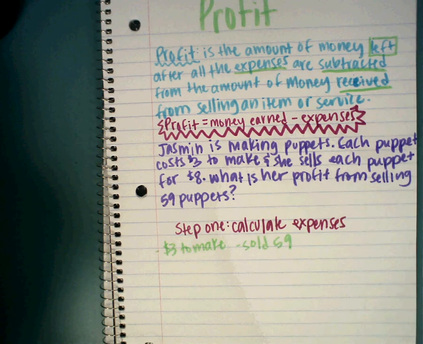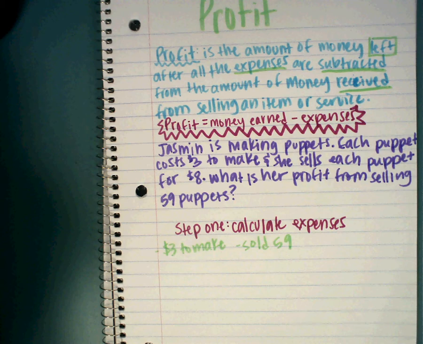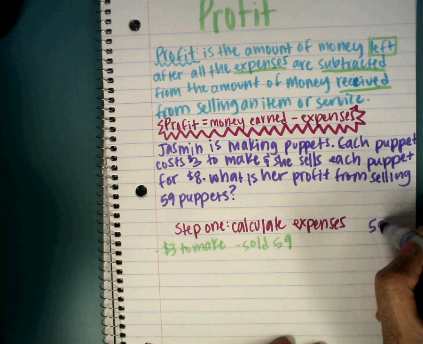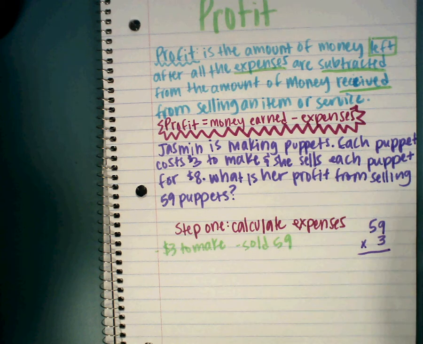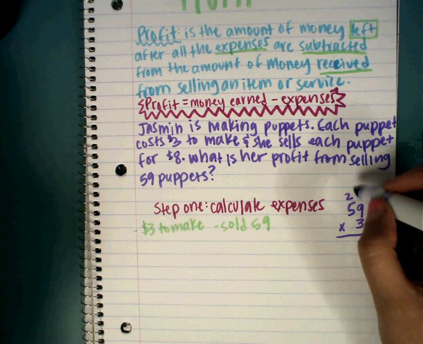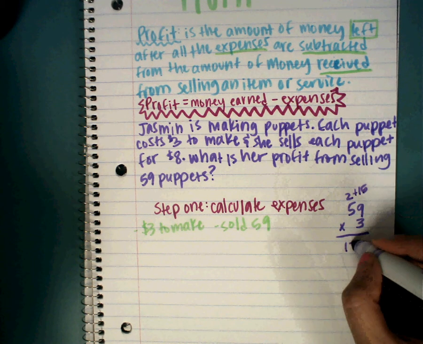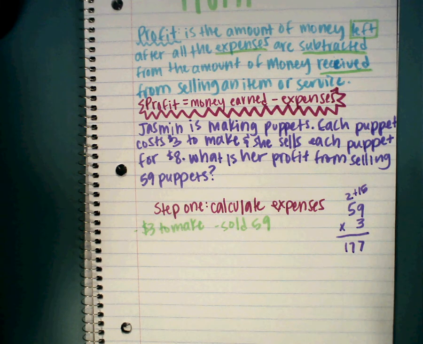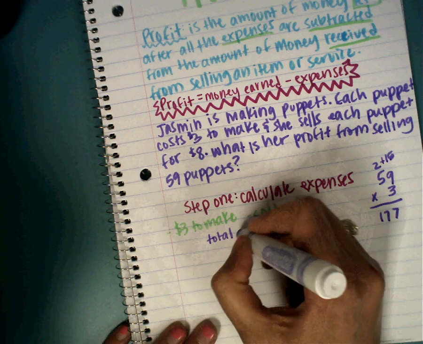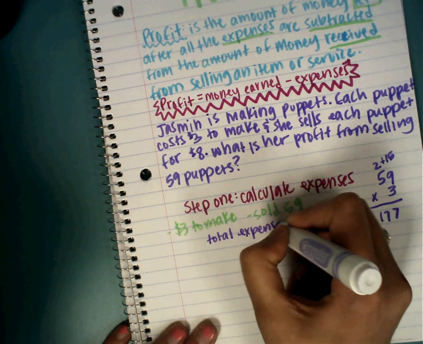If there's 59 and they're each $3, what am I going to do? Multiply, right? So let's go ahead and multiply 59 times 3. 9 times 3, 27. 5 times 3, 15, plus 2, 17. So it costs her, so let's write total expenses. Total expenses are $177, right?